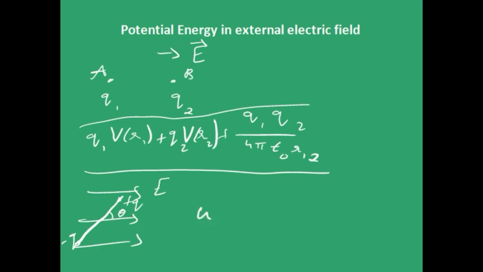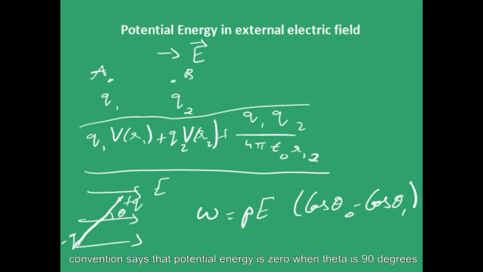It varies like the change in potential energy is P E into cos theta naught minus cos theta 1, where theta 1 is the final angle and theta naught is the initial angle, and P is not the potential energy here. P is the dipole moment and E is the electric field. This will give you the change in potential energy when dipole is placed in the electric field.